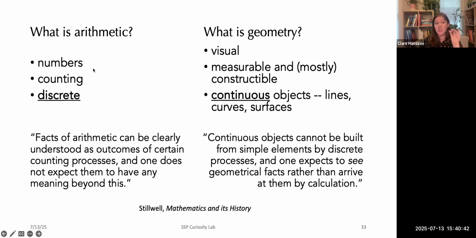If you're an ancient mathematician, these are separate. And mathematically, there's no intrinsic reason, except for all the bridges between these two that have been discovered by mathematicians over the millennia.